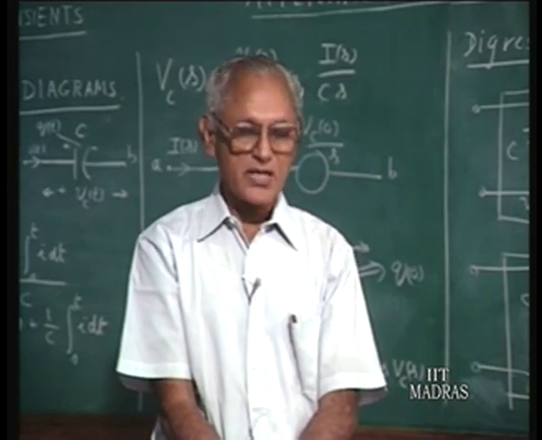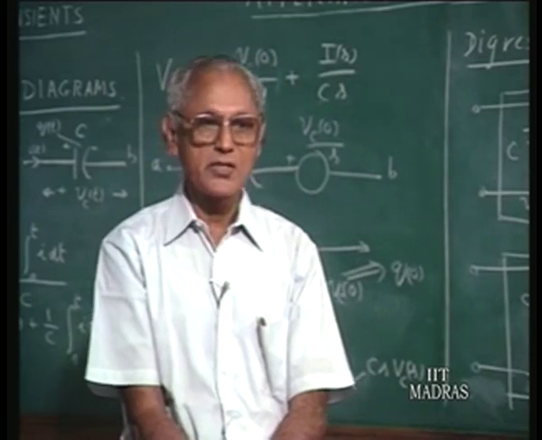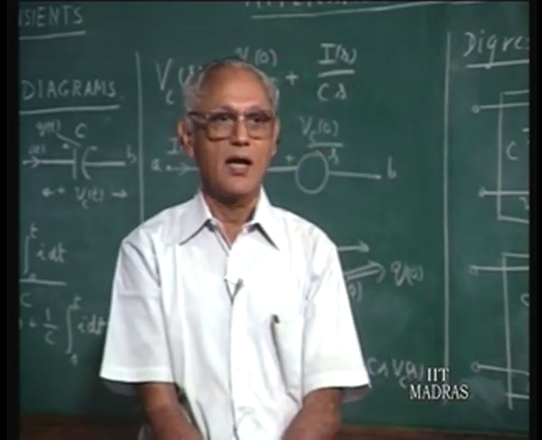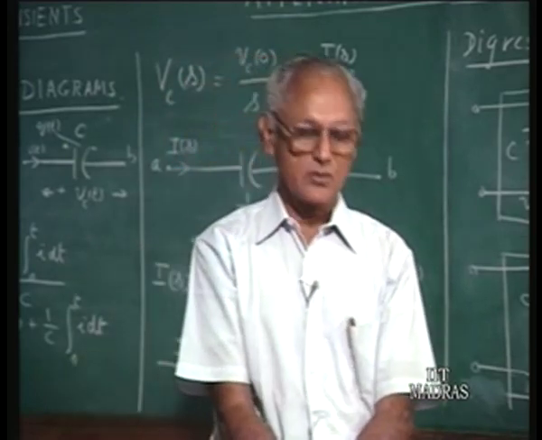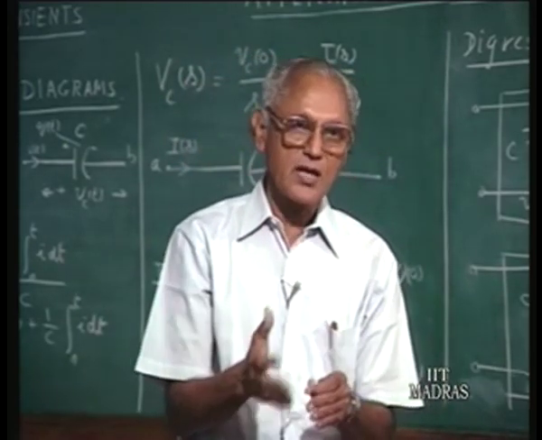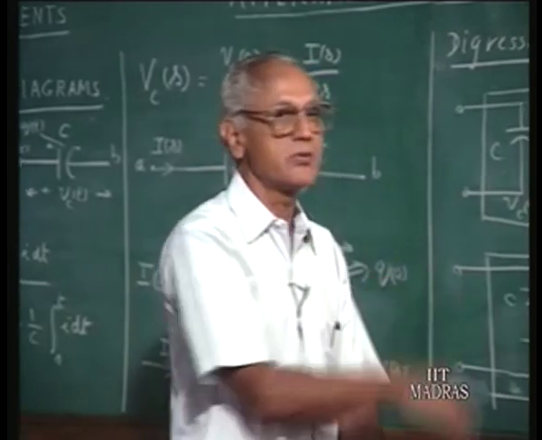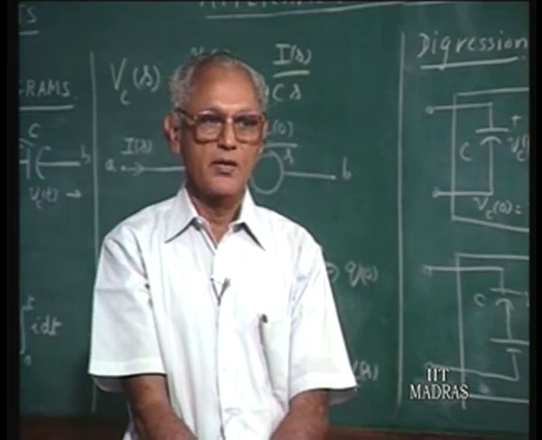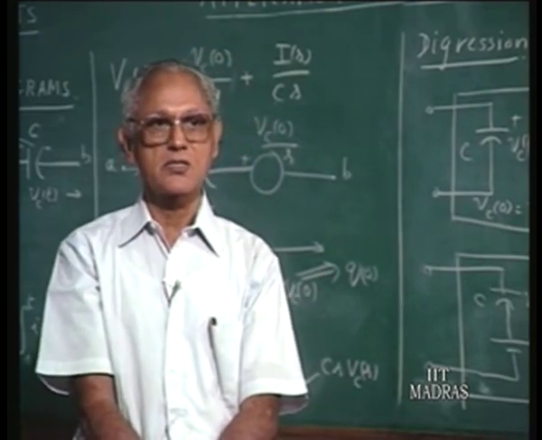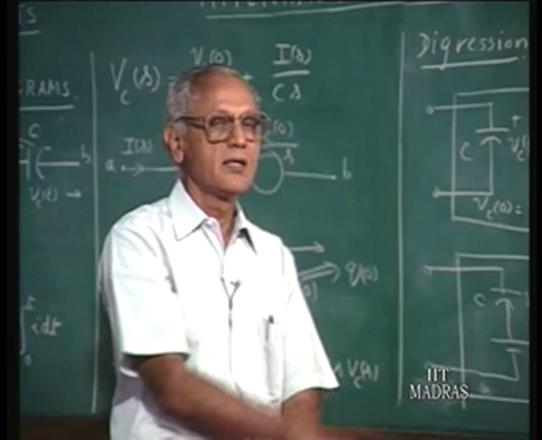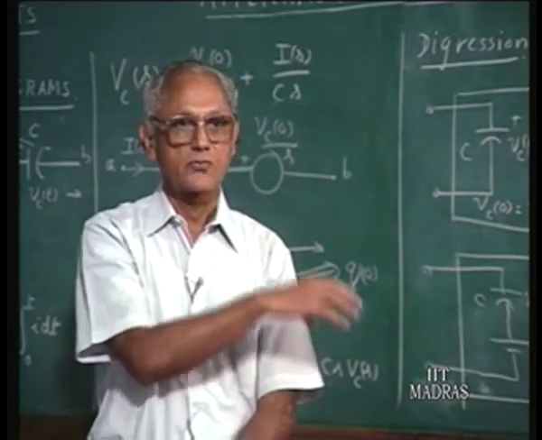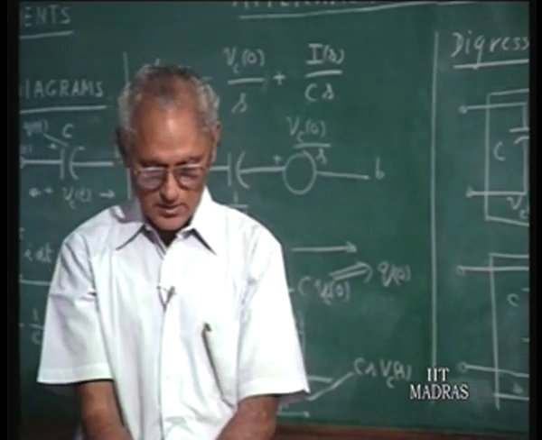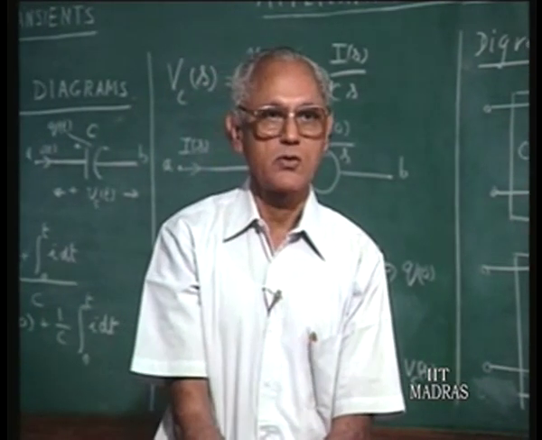We don't have to take additional trouble to find out the 0 plus conditions because they are not normally known to us beforehand, unless there is a continuity between 0 minus and 0 plus. So we don't have to take extra effort to calculate 0 plus conditions and substitute in these equations. It's enough if we take 0 minus conditions, and if there is any transition between 0 minus conditions and 0 plus conditions, that is automatically coming out in the final solution. And this is one of the advantages of the Laplace transform technique, as you will get to know when you work out circuit problems.